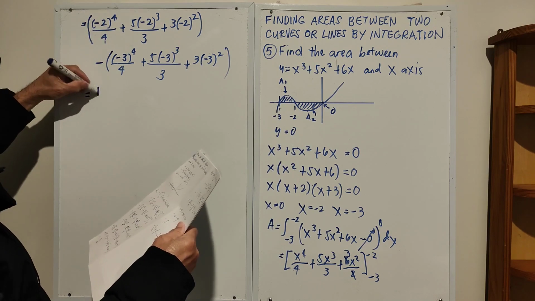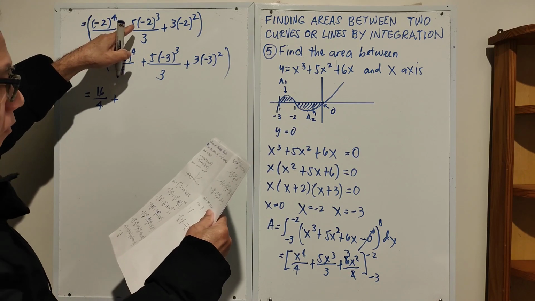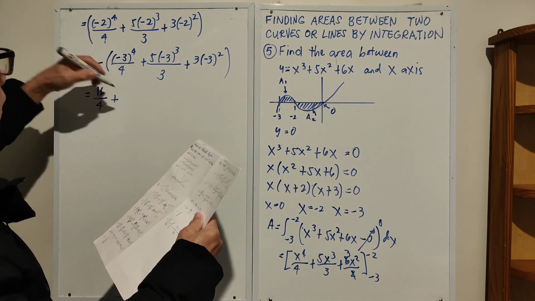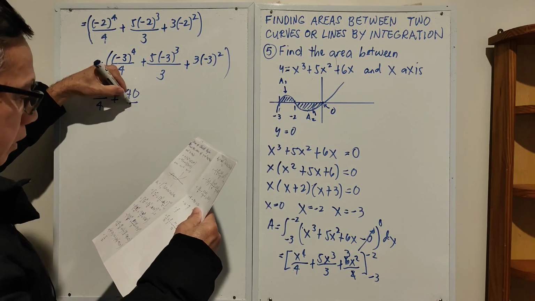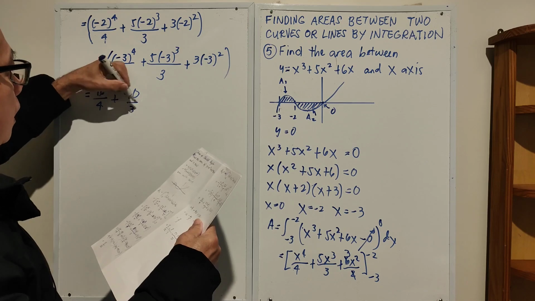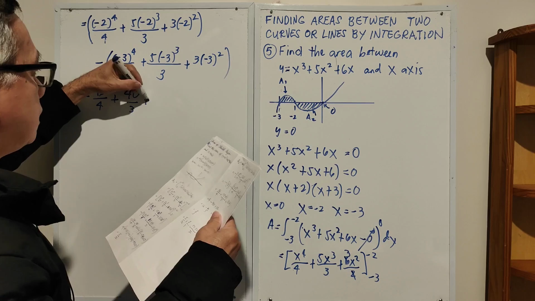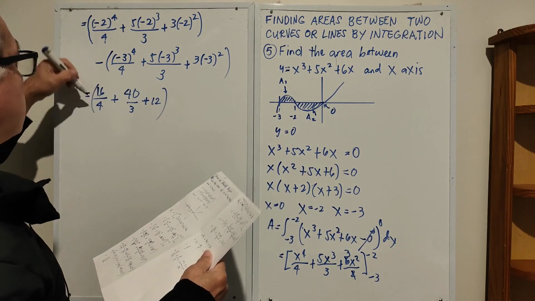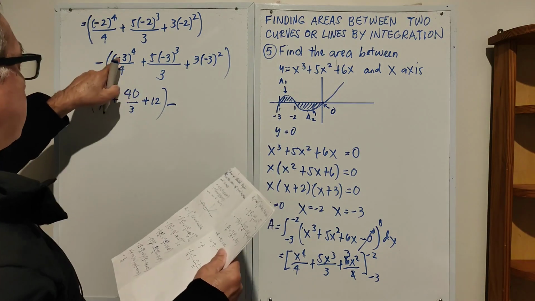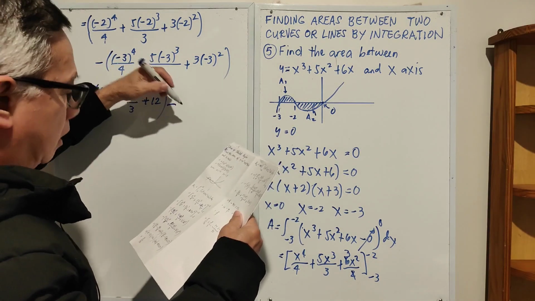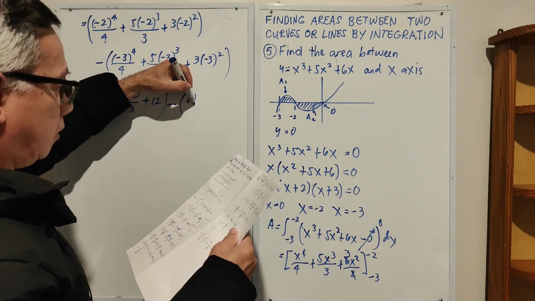Negative 2 to the 4th is 16 over 4, plus this one would be 2 times 2 times 2 times 5 divided by 3, which is 40 over 3, and this one would be 2 squared times 3, which is 12. Now minus, we evaluate this one. 3 times 3 times 3 times 3 would be 81, positive now.